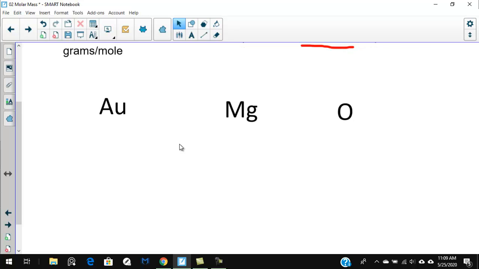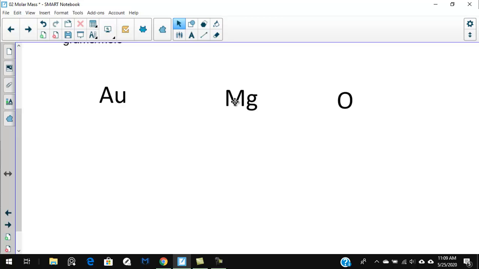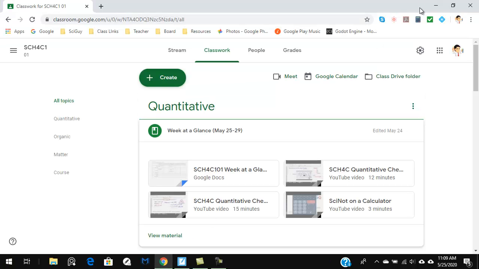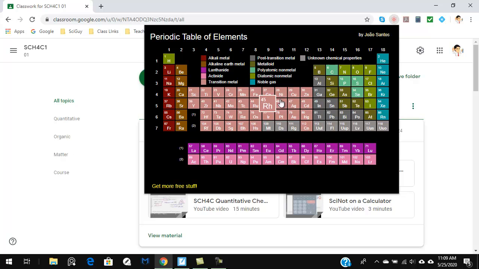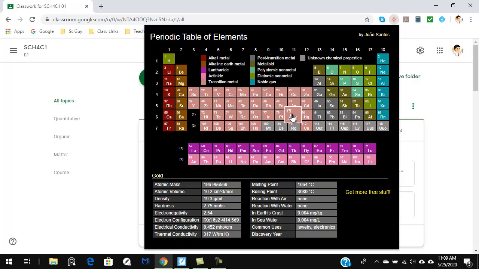Okay, so these examples here, we've got gold, magnesium, and oxygen. So to look these up, it's fairly simple. We just go to a periodic table. So I'll just grab my online periodic table here. And we find the element gold, which is right here, element number 79. On this one, I have to click to get the information. And then we get the information here. Atomic mass is 196.9.